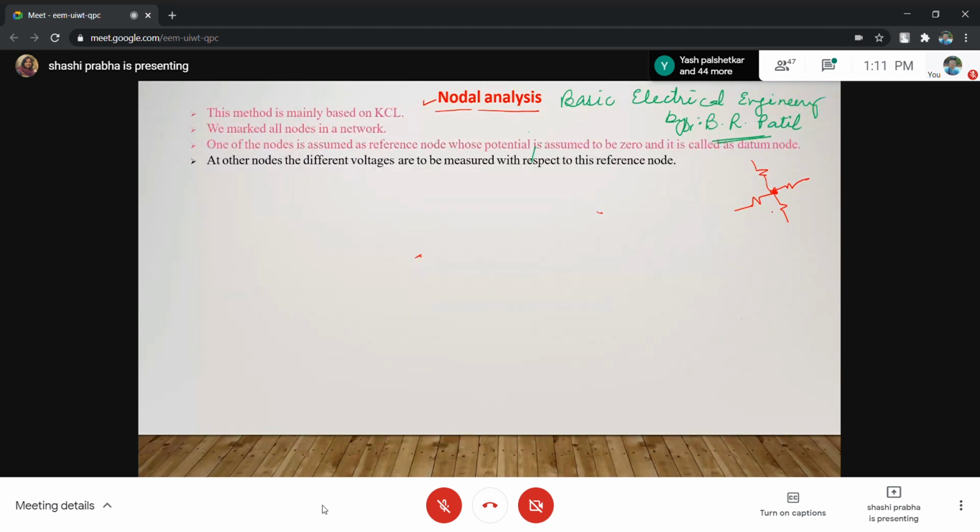So this is the reference node. So the reference node is always taken as 0.